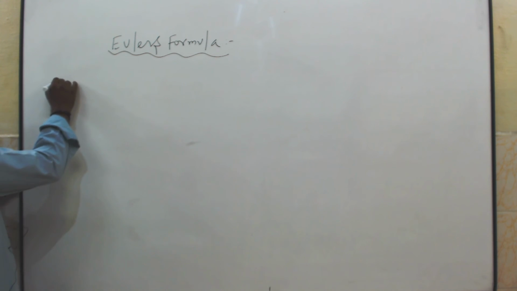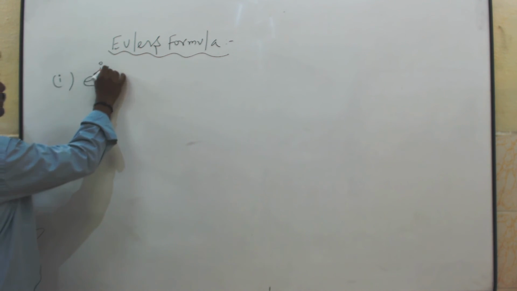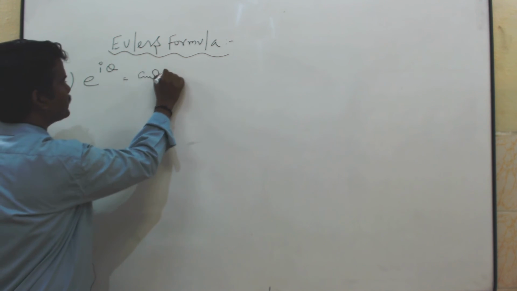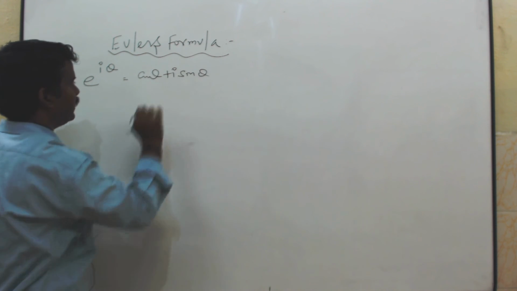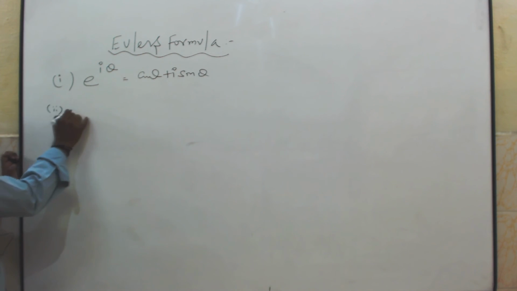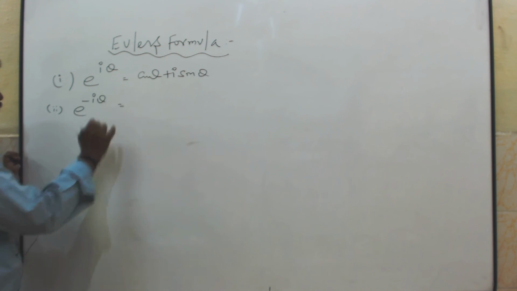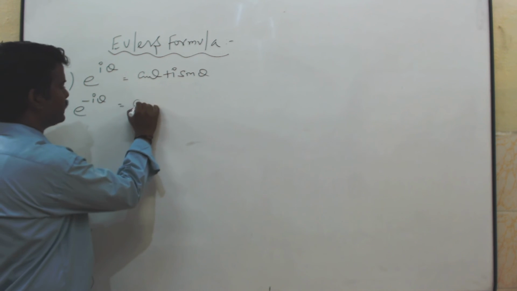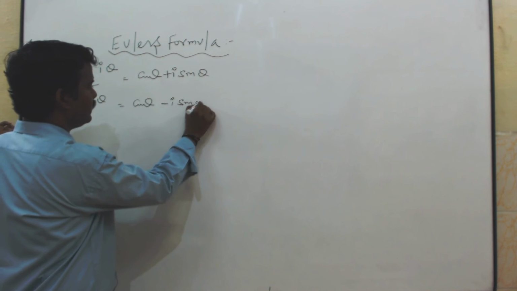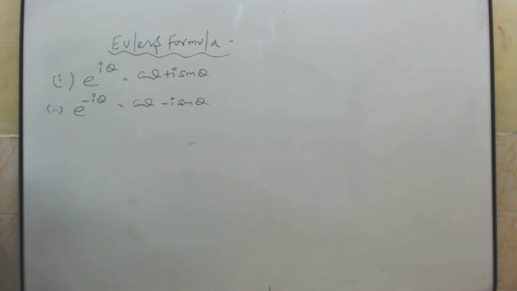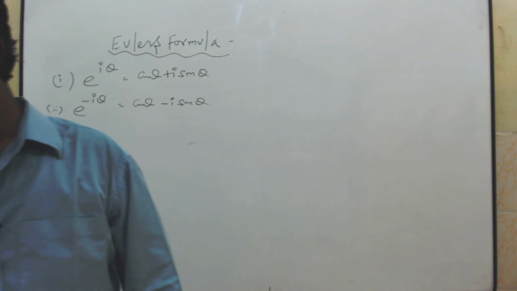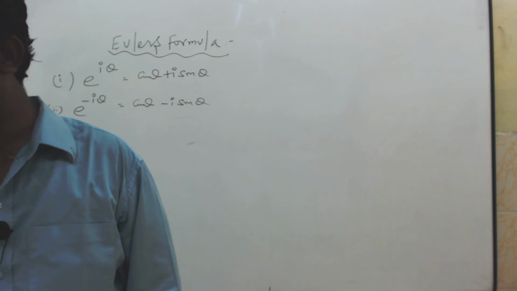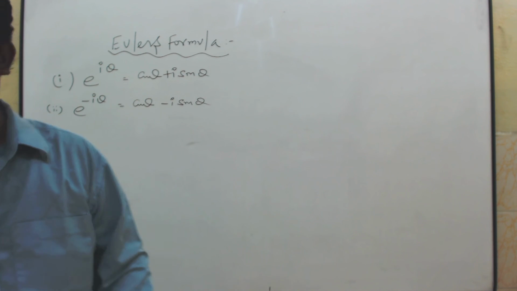Euler's formula, look here. First formula is very simple. e power i theta is equal to cos theta plus i sin theta. Second form is e power minus i theta. e power minus i theta can be written as cos theta minus i sin theta. These two formulas are called Euler's formula, right?